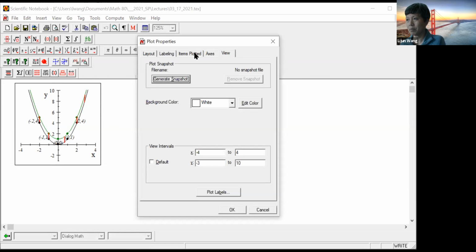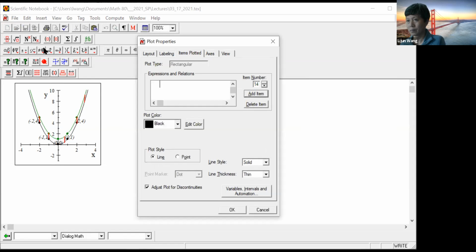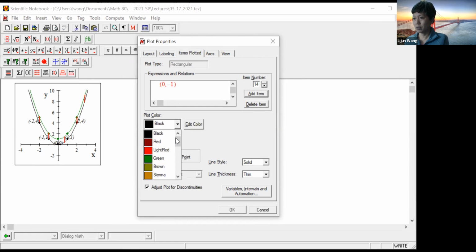So let's plot the other points, for the H. And what color are we going to use?